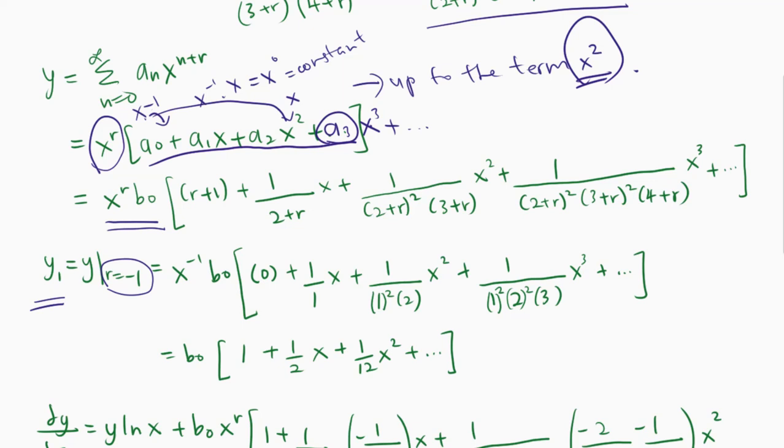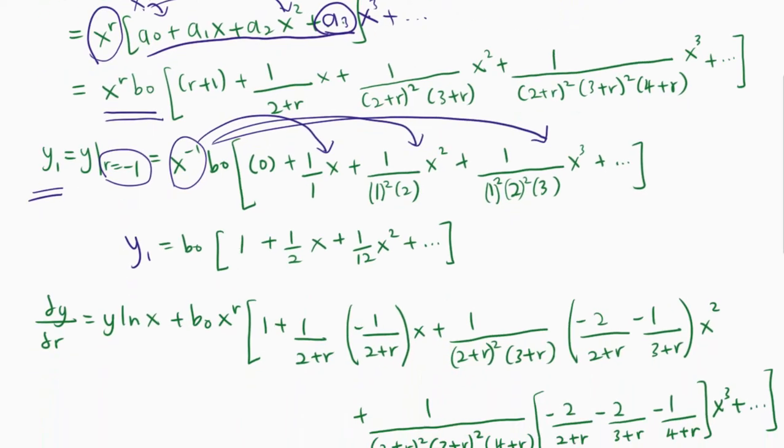You don't have to show your substitution, okay. And hence we have here y1 equal to b naught, open the bracket, 1 plus 1 over 2 x plus 1 over 12 x squared. Okay, why? Because I multiply x minus 1 is x power of 2, and also x power of 3. Okay.